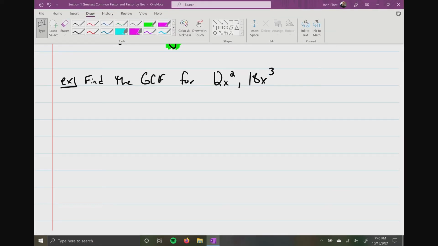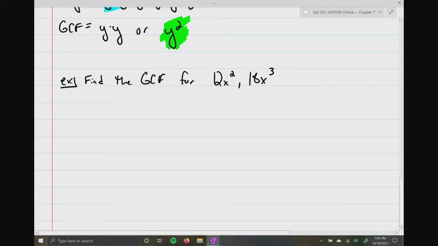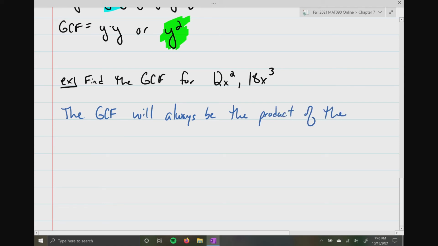Let's get a really pretty blue here. How about that one? I think that one's going to work. All right? Because here's what it's all about. The GCF will always be the product of the following.